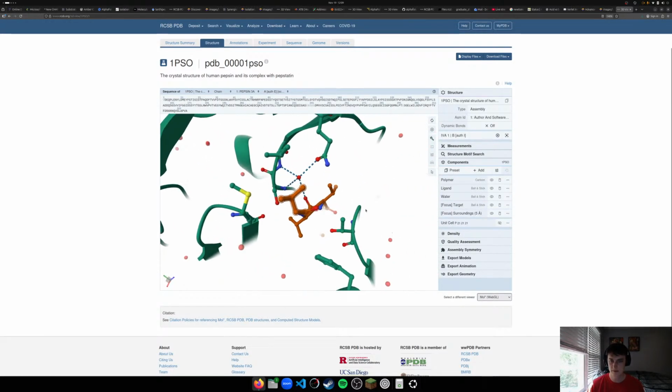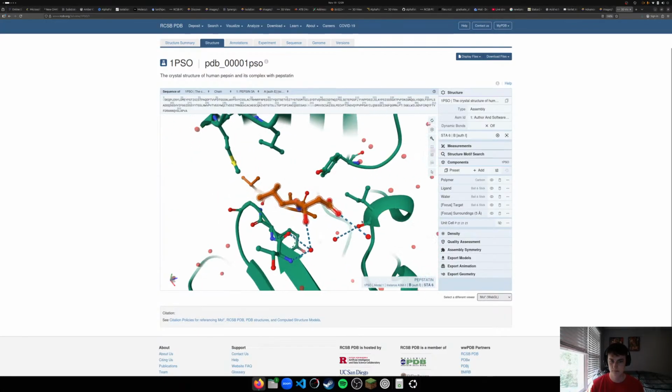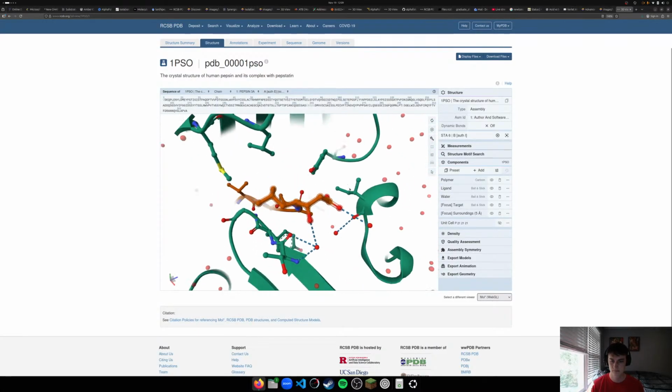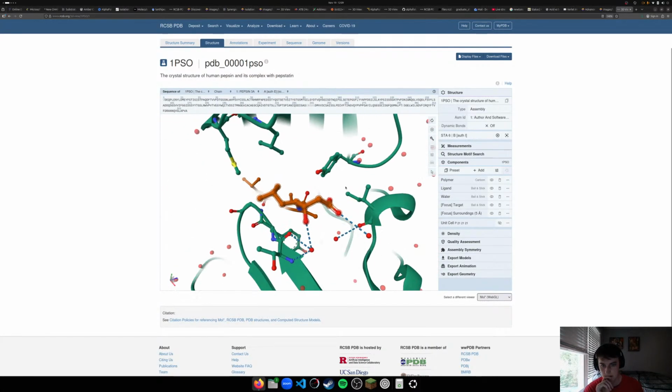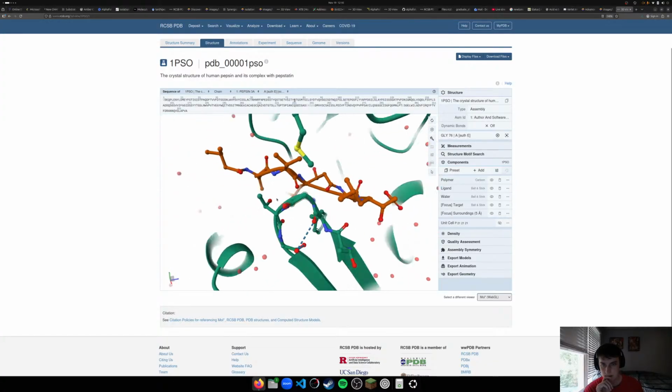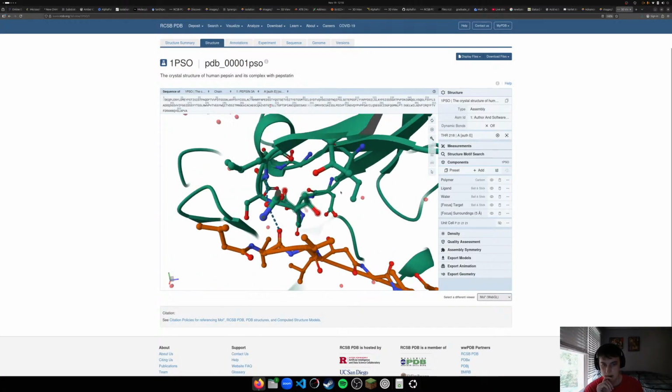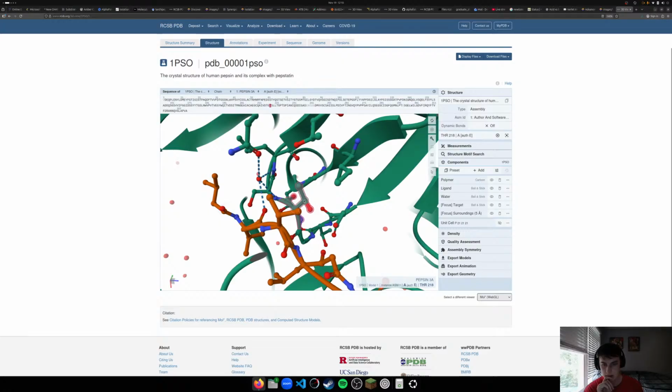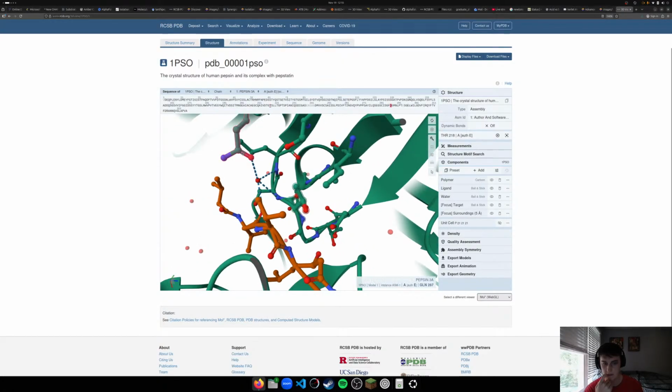So where is this active site? This is like aspartate residues, which I'm not seeing anywhere.